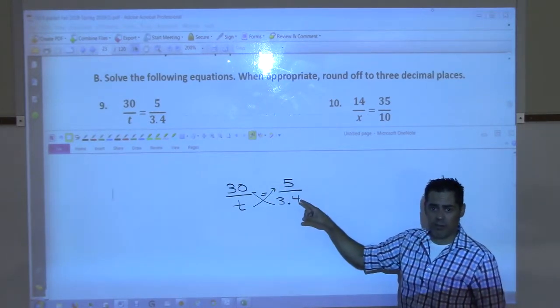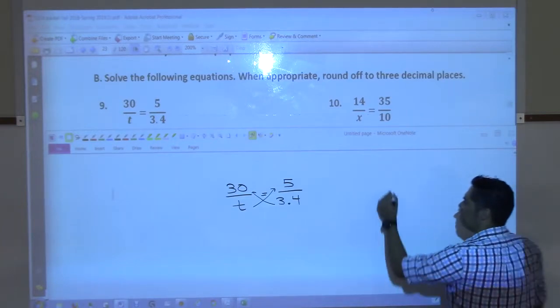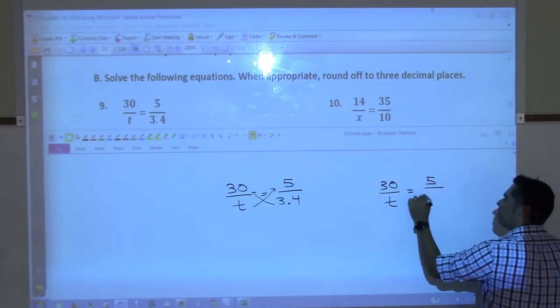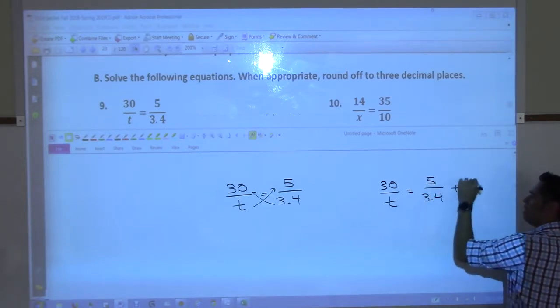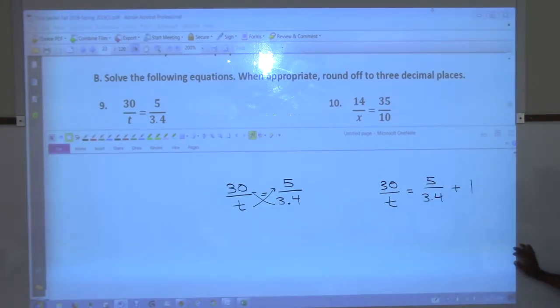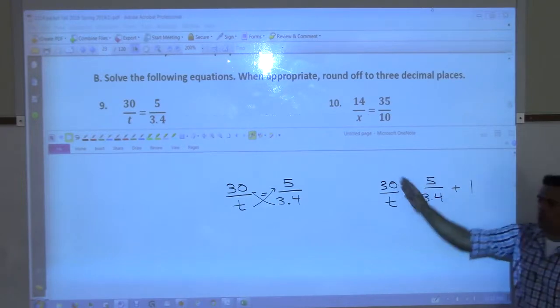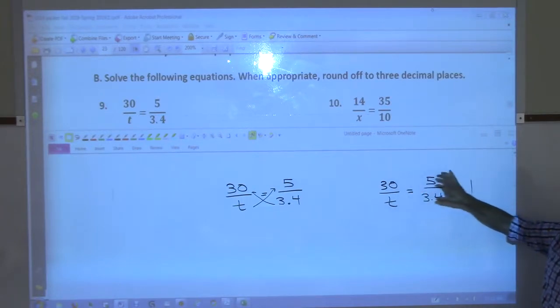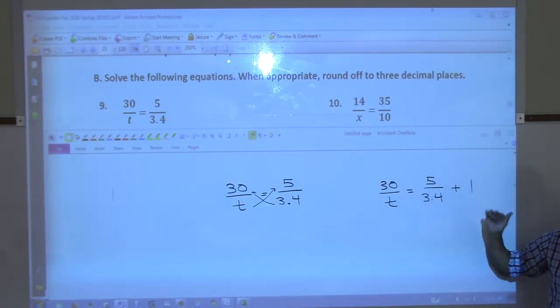You're allowed to do this, all right? The only time it would get dangerous is, let's say you had this, just for the sake of showing you some things to be careful with. Let's say you had that and you were asked to solve for t. You cannot cross multiply here, because this plus 1 causes a problem. You have to have a fraction equals a fraction, then you can do it, all right? So I'll stick with that.